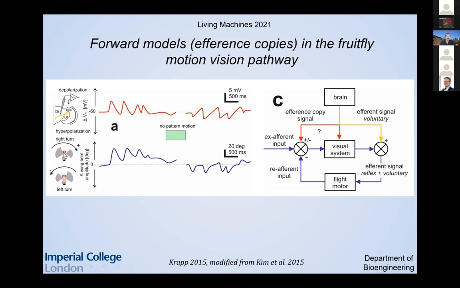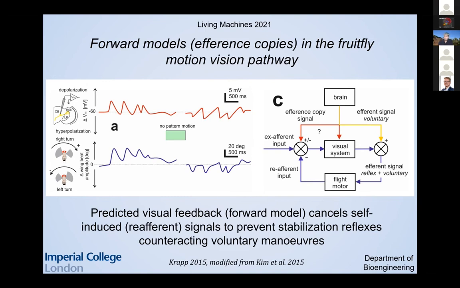But if the fly is turning in a certain direction, which the experimenters can see by the difference in the wing beat amplitude, then you can measure in that neuron signals which basically anticipate and cancel out the predicted sensory feedback due to the animal's own motor action. This sort of efference copy is a massively important element in the control of animals to enable voluntary movements.